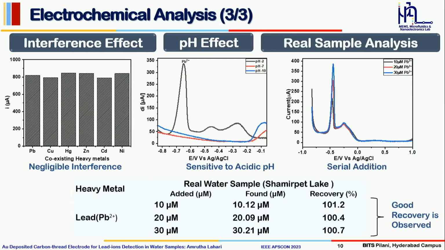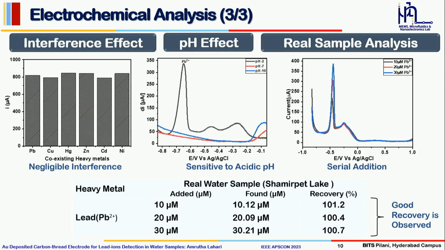Then we carried out a real sample analysis with lake water from Shamirpet Lake, which is very near our campus. Initially, we tested the lake water, and it had very little metal ions. For confirmation, we tested the water samples using the most traditional and prominent methods, AAS and ICP.